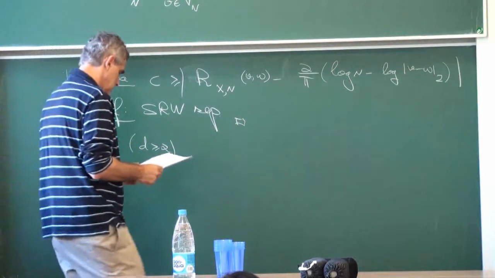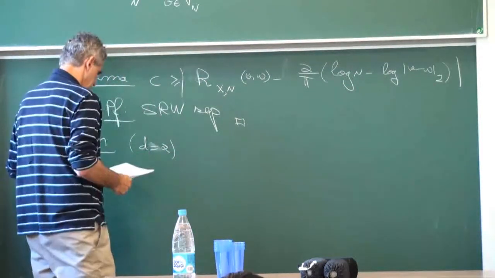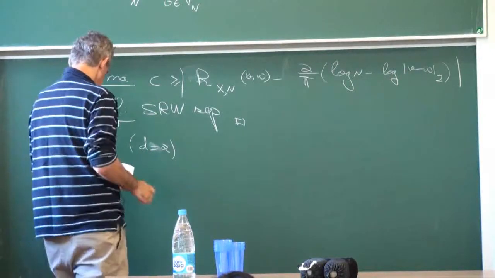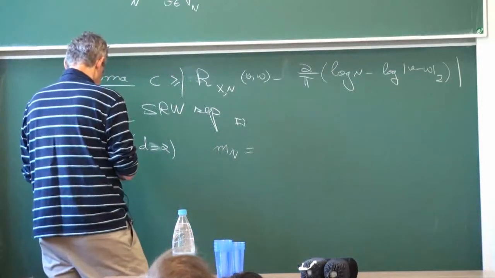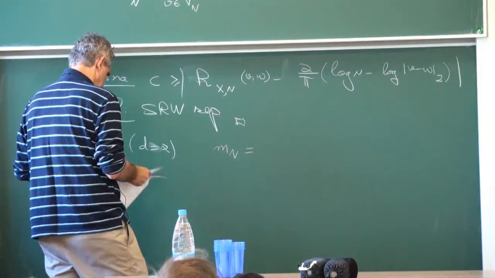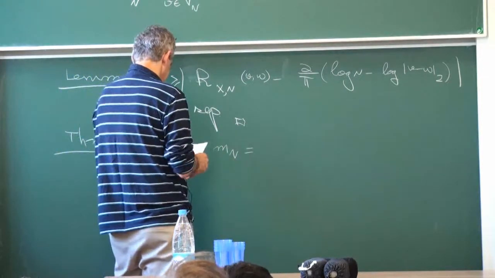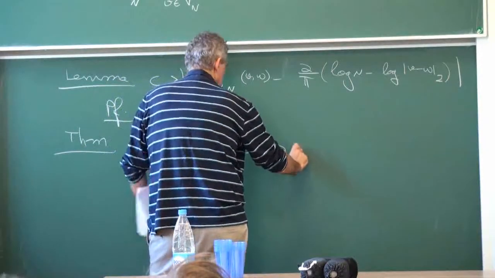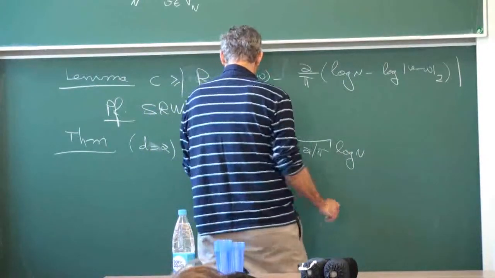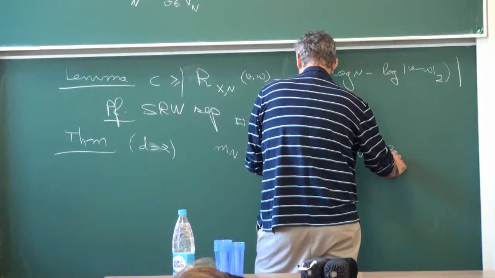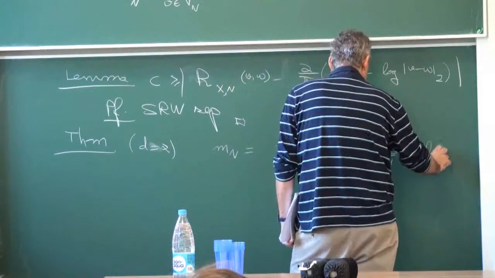And define M_n to be what we expect, namely 2 times the square root of 2 over pi times log n, minus 3/4 times the square root of 2 over pi times log log n.